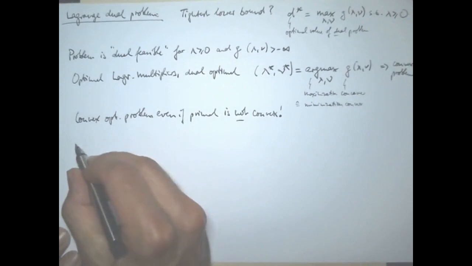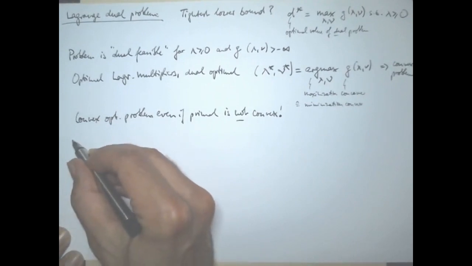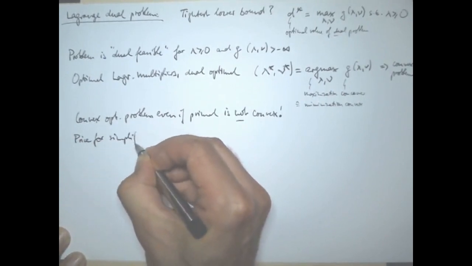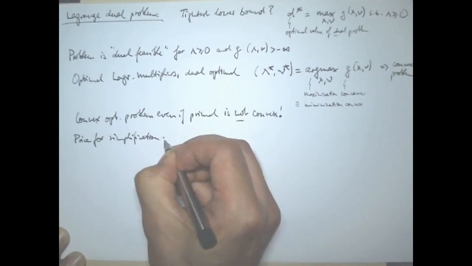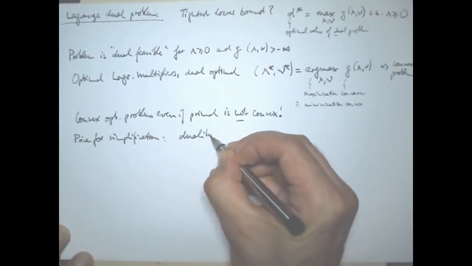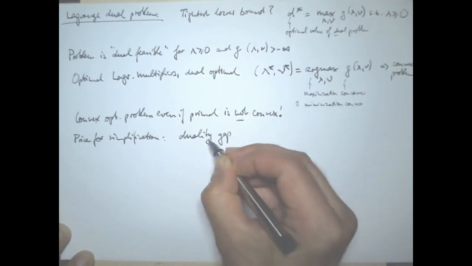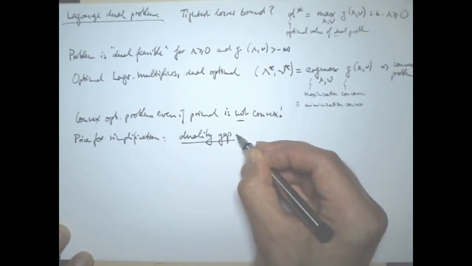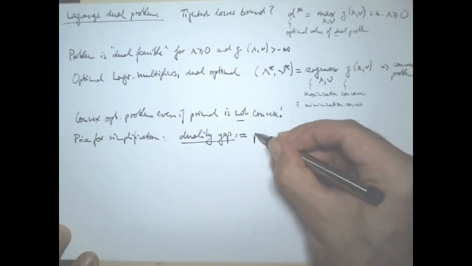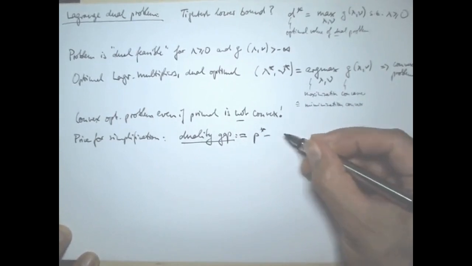Now, the price that we pay for this simplification is measured by the duality gap, which is defined as the difference between the optimum value of my primal problem and the optimum value of the dual problem.